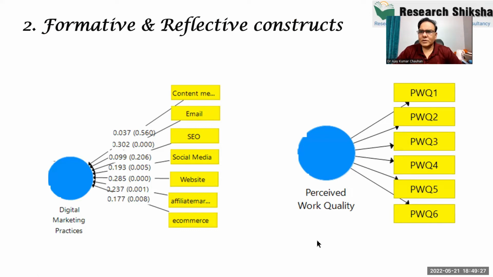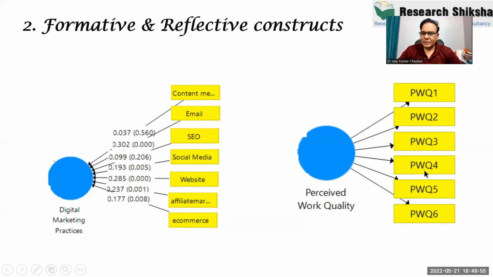If you see this construct, the direction of the arrow is from yellow to blue. The direction of the arrow is from the statement to the construct.